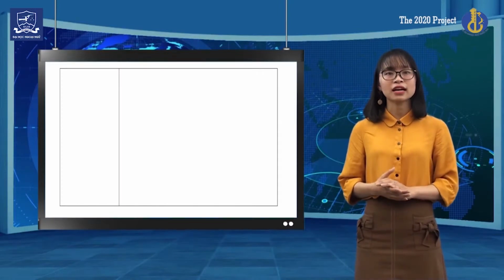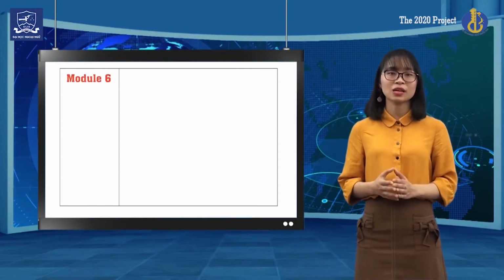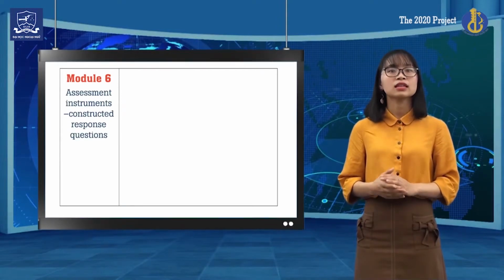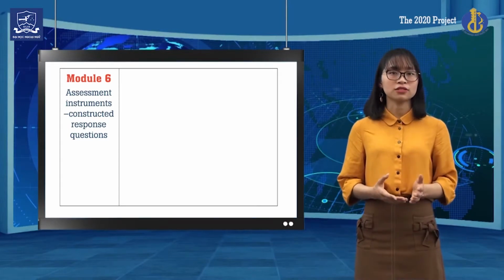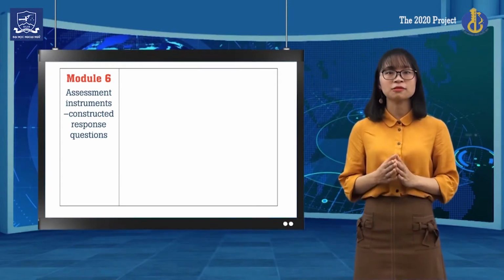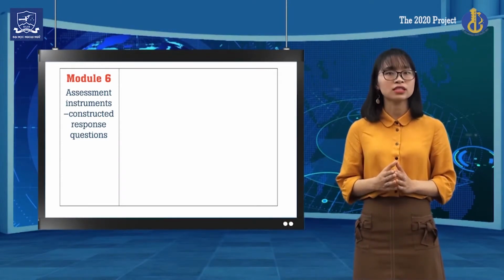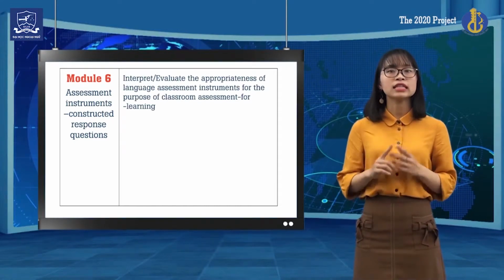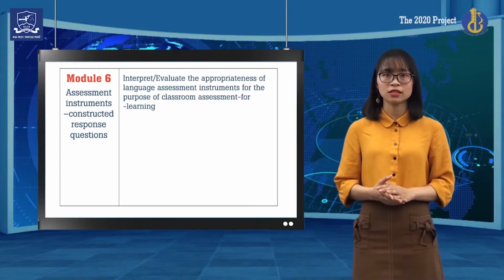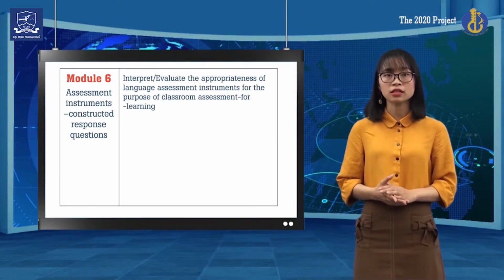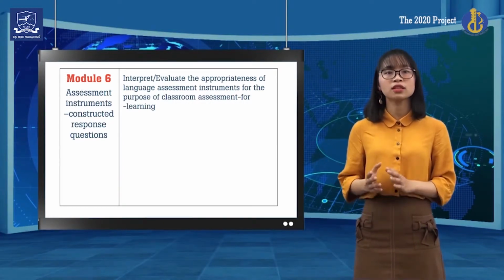Similar to Module 5, Module 6 likewise presents another assessment instrument, constructed response questions. After this module, you are expected to be able to first interpret or evaluate the appropriateness of language assessment instruments for the purpose of classroom assessment for learning.